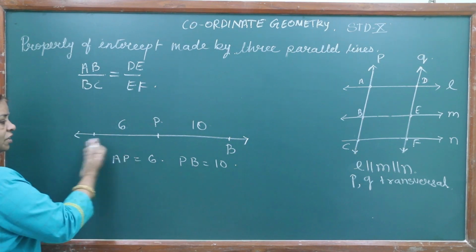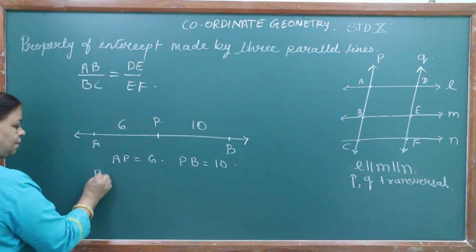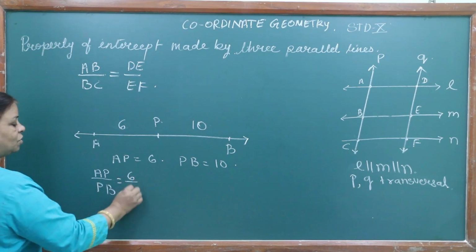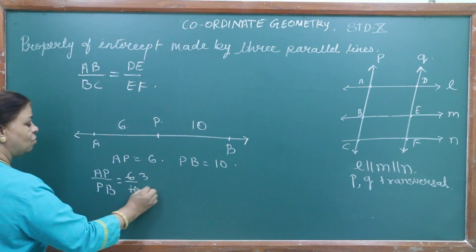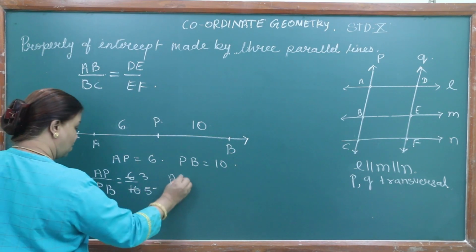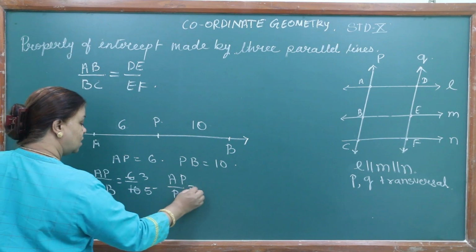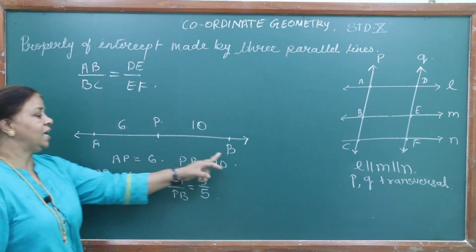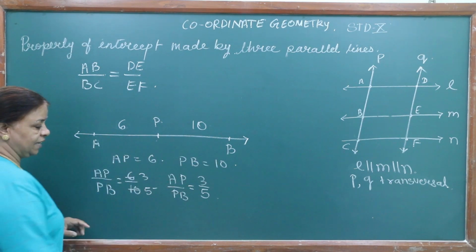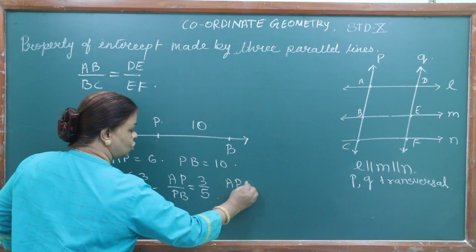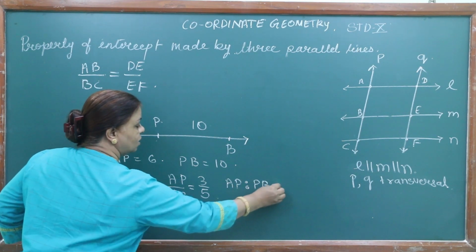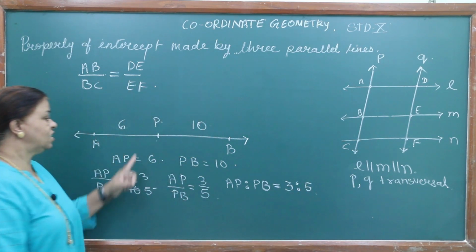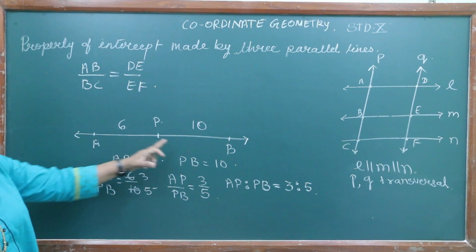Then if I want to find the ratio, AP upon PB is equal to 6 upon 10, which is 3 upon 5. That means point P is dividing the line AB in the ratio 3:5. So AP is to PB is equal to 3:5.